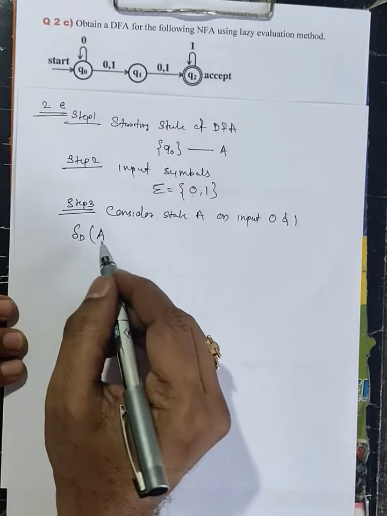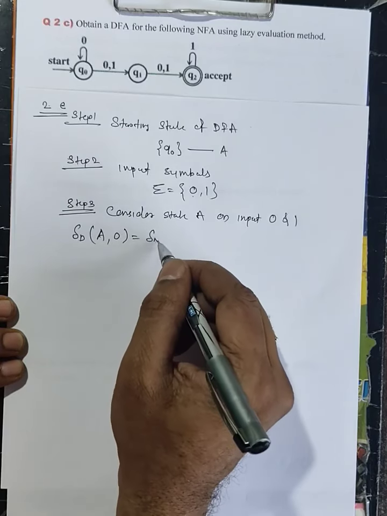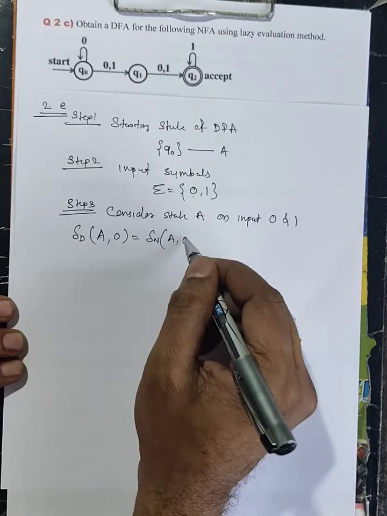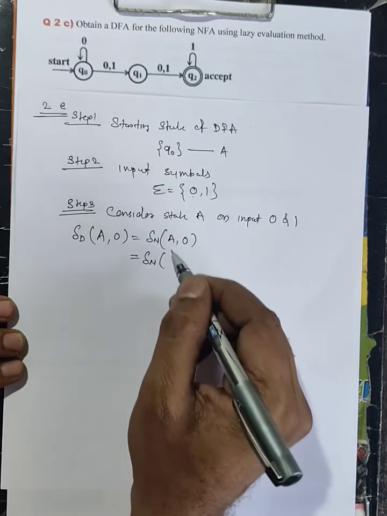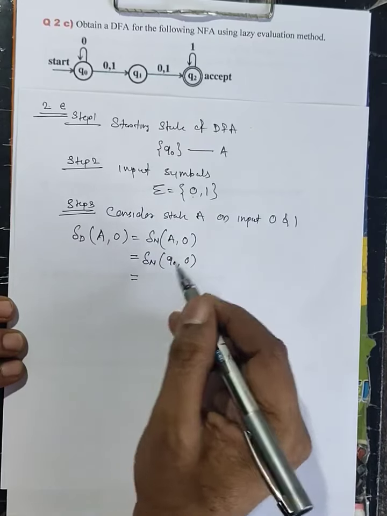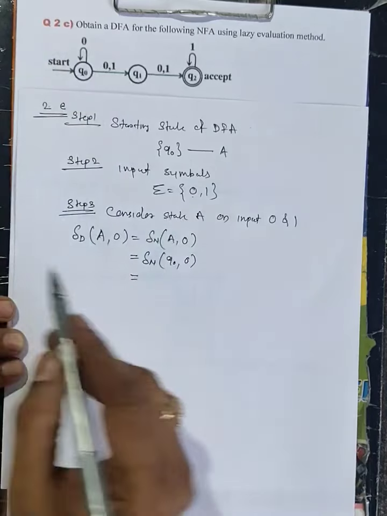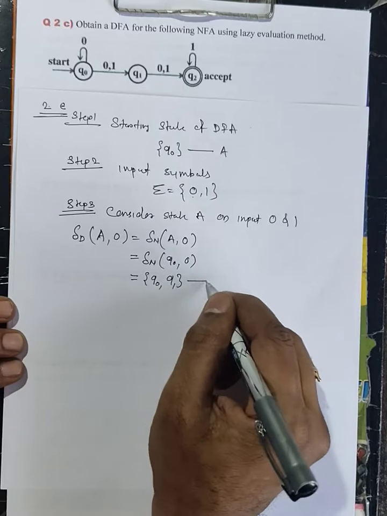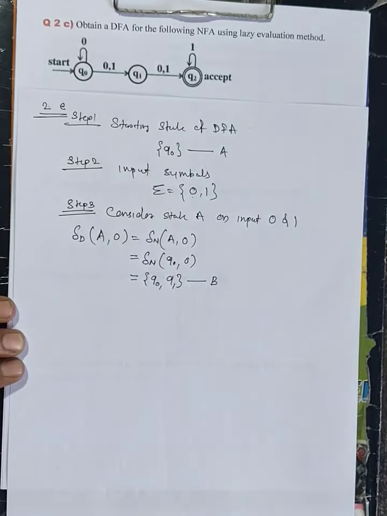Delta D, the DFA transition, A on input symbol 0 equals NFA A on 0. What is A? A means Q0. Q0 on 0 gives Q0, Q1. Q0 and Q1, assign this as a new state. Means this is B.